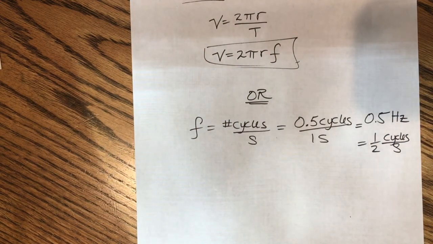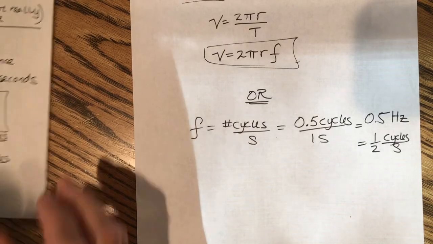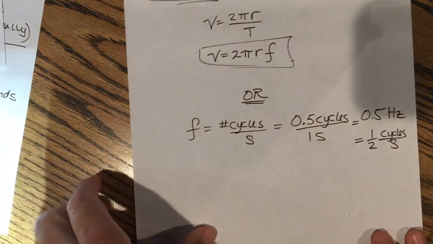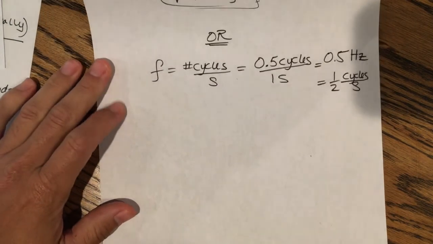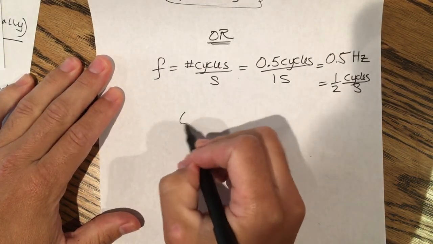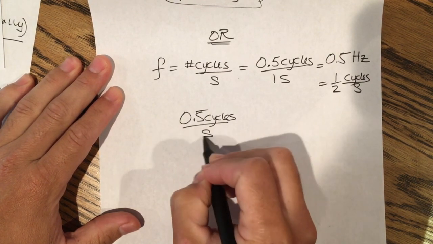Right? Something like that. And the reason I bring that up is because if we just think in terms of what a cycle is and do a conversion factor, I'm sorry for the shadows there, we have 0.5 cycles per second.